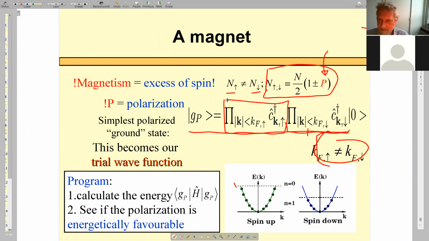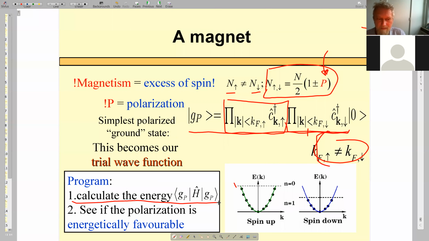This state we just introduced has a parameter, this polarization. One can vary the relative numbers of electrons with spin up and spin down. So the expectation value of energy for this state depends on the parameter.